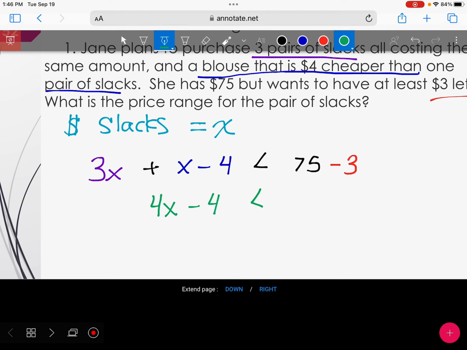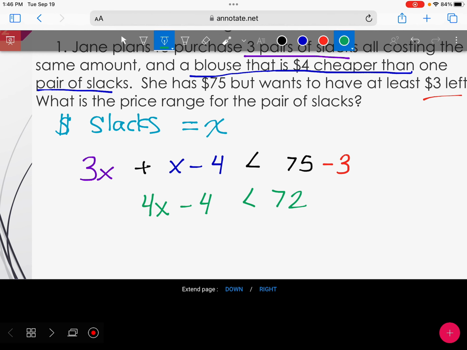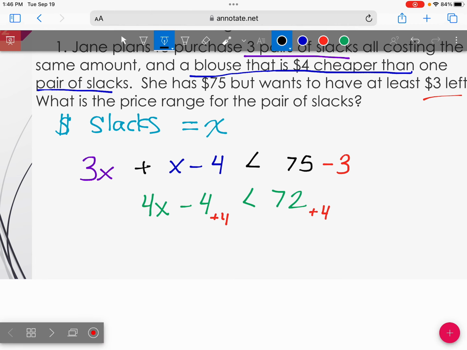And then I combine like terms on the right-hand side. 75 minus 3 gives me 72. Then what can we do? Add 4. Exactly right. I heard it. It was very quiet, but I heard it. Add 4 to both sides. Give ourselves some more space.